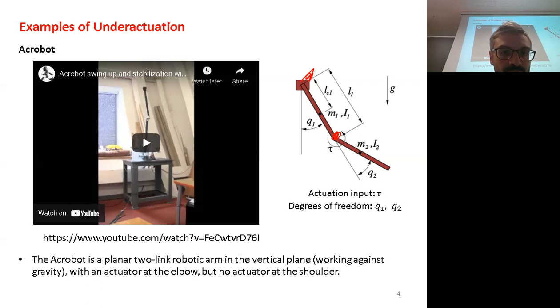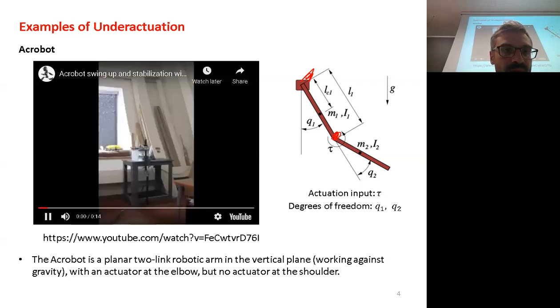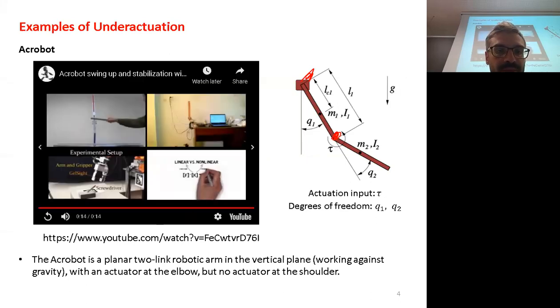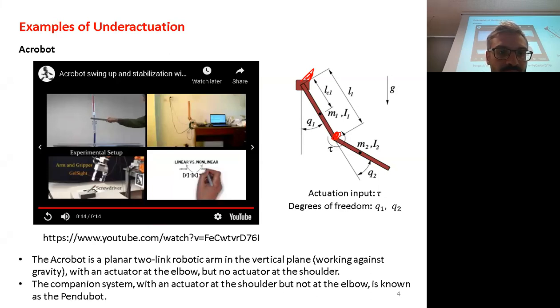And if you look at that, again, we want to try to swing it up, and it's possible, exploiting the passive dynamics of the second link, or the first link. The dual of this is the Pendubot, which has an actuator not at the elbow, since the elbow is passive, but has an actuation at the shoulder.